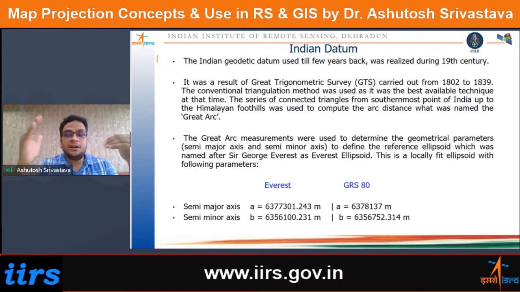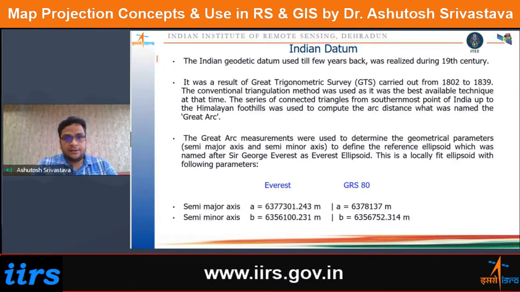Only 800 meter difference there is between the Everest and GRS 80, and Everest was developed from the survey of 1802 to 1839. Till today we have GRS 80. So that much accuracy was there. That precisely they estimated this ellipsoid.